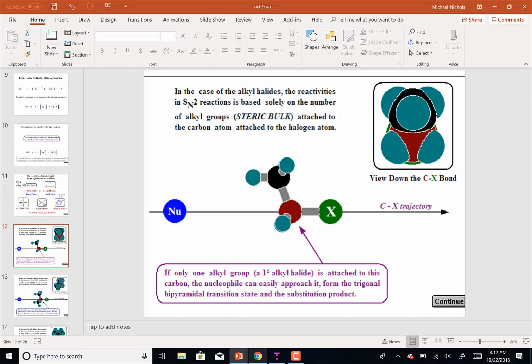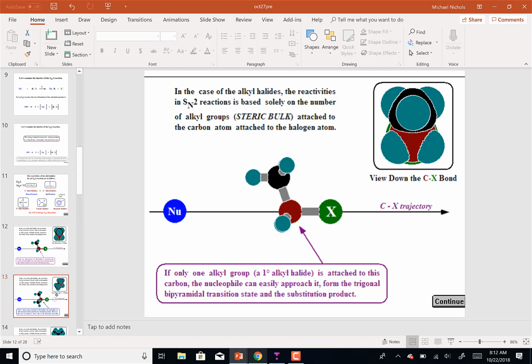And there are some pretty good slides here in terms of what you're looking at. So if you're the nucleophile and you're going to react with a primary halide, there's enough steric room here for you to come in and attack the carbon with the leaving group, which is in this brown color.